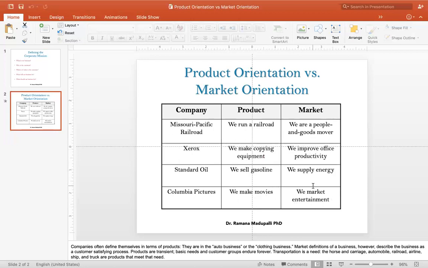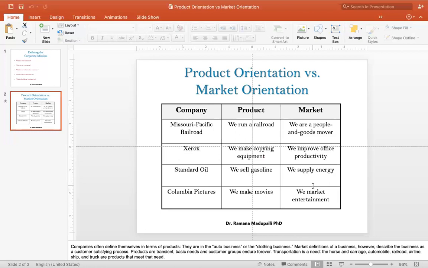So if you look at the focus, why is it important? Why is this orientation important? So what? Is it for the namesake? Absolutely not. If you are in a market orientation business, then the focus of your opportunity identification team will be totally different. It's no longer about just the product.